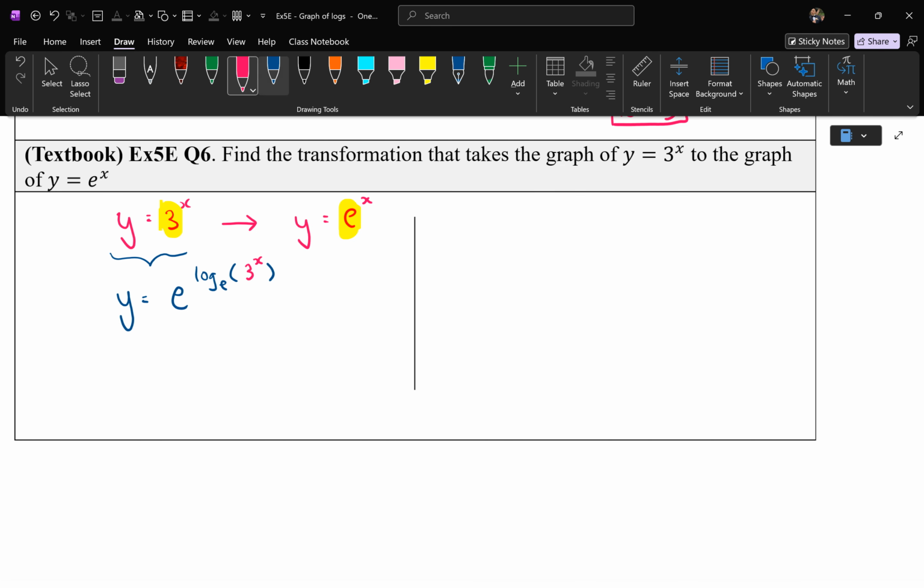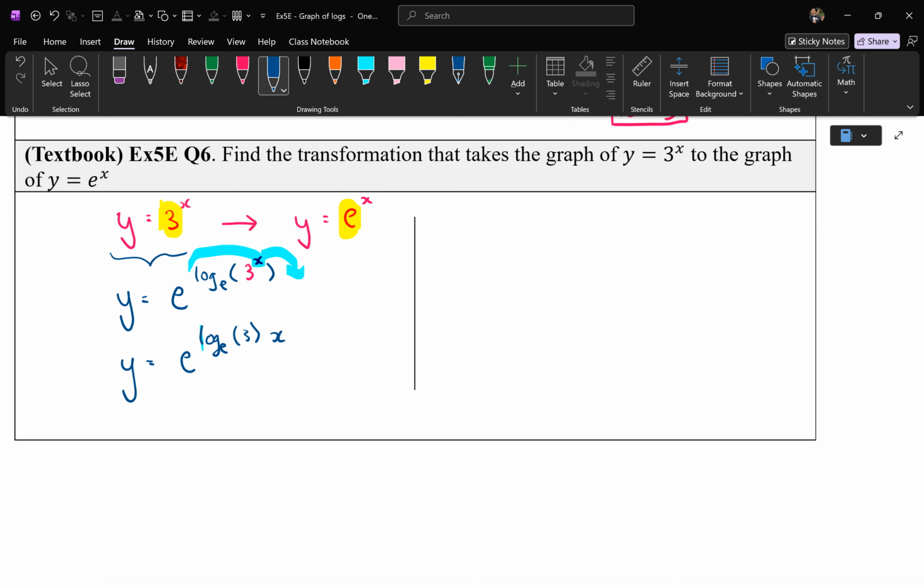But you can rewrite this expression now. That becomes y equals e. And remember rule number 3. Rule number 3 says you can bring this power to the front, or you could bring it over there. It just means timesing each other. And that now gives you log base e of 3 multiplied to x.